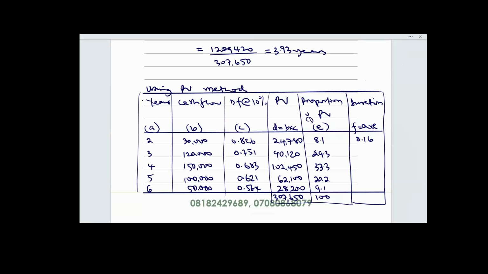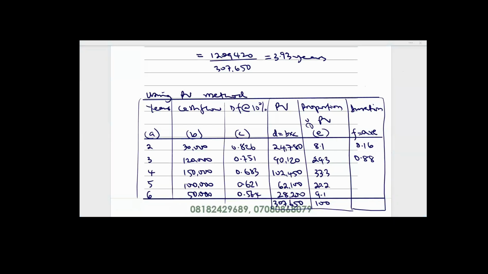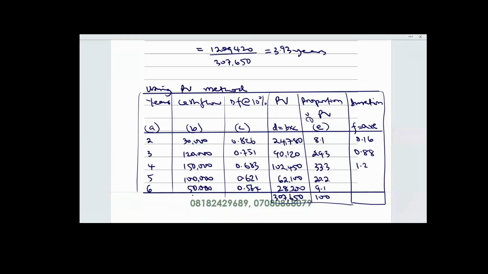I will do the next one, 29.3 multiplied by 3, divided by 100, equal 0.88. I will do year 4: 33.3 multiplied by 4, divided by 100, equal 1.33.